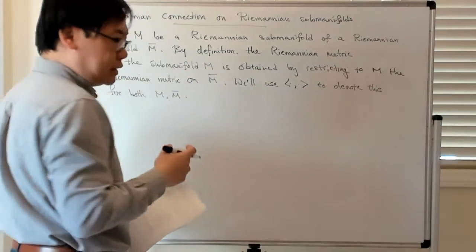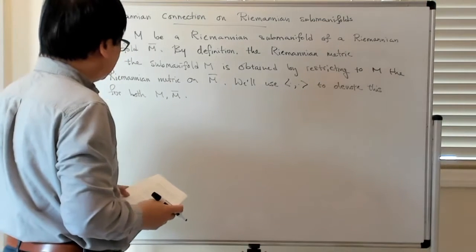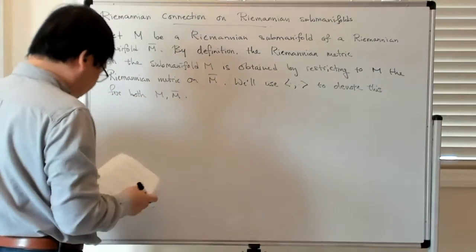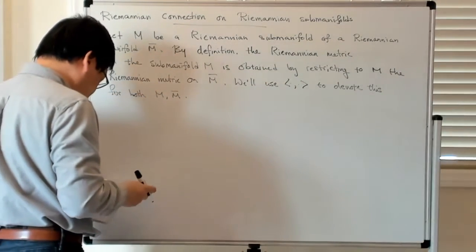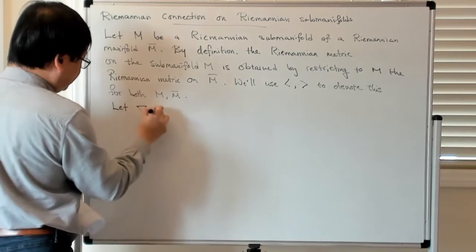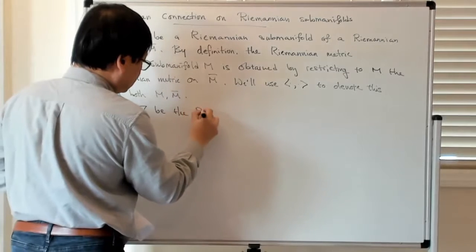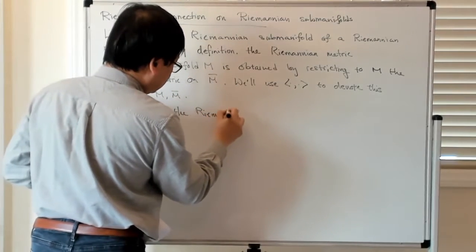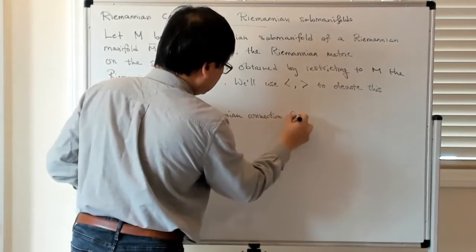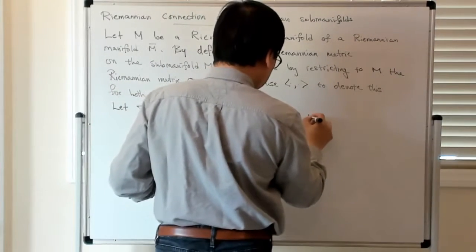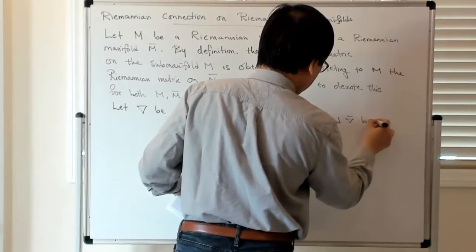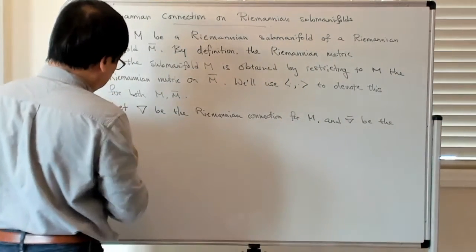Now, similarly, we're going to define some sort of affine connection on this, actually the Riemannian connection. So let nabla be the Riemannian connection for M, and nabla bar be the Riemannian connection for M bar.